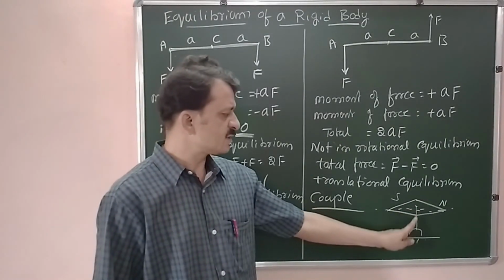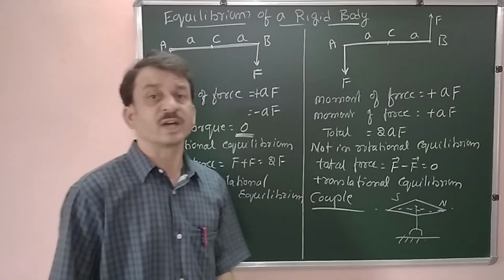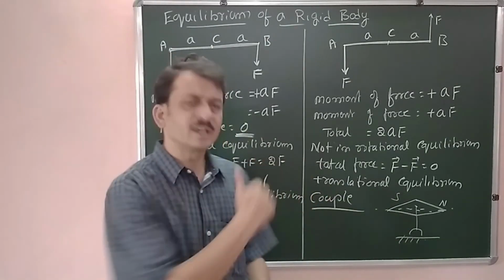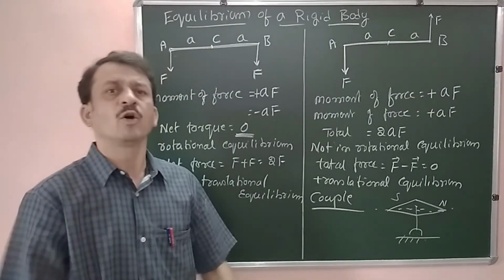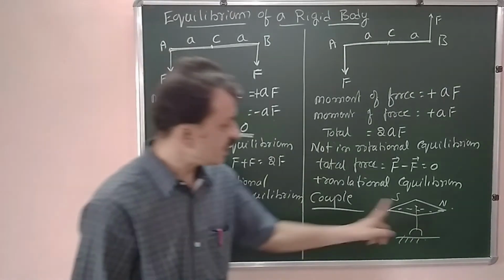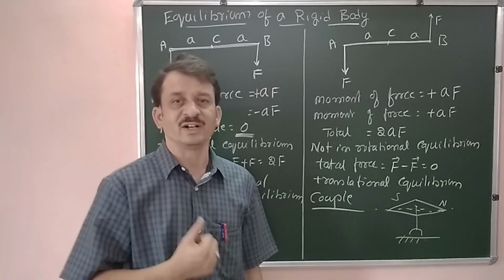When it is freely suspended, it always comes in the north-south direction. Now disturb the needle. If I change the direction of the needle, then obviously that needle experiences a couple because of Earth's magnetic field.